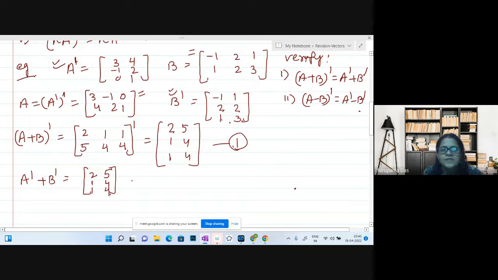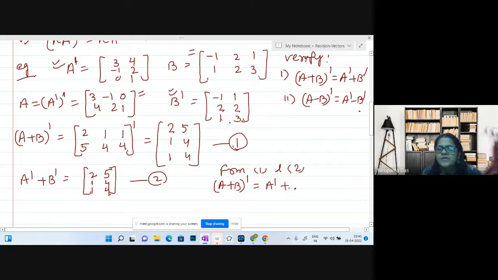Okay, can you see here? You can conclude from 1 and 2 that transpose of A plus B equals A transpose plus B transpose. Verified.